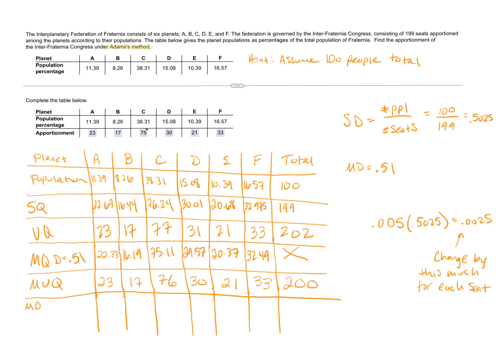I'm only off by 1 seat, so I'm going to change by about 0.5%. It's too big, so I need the divisor to be bigger. I'm going to use maybe 0.513.